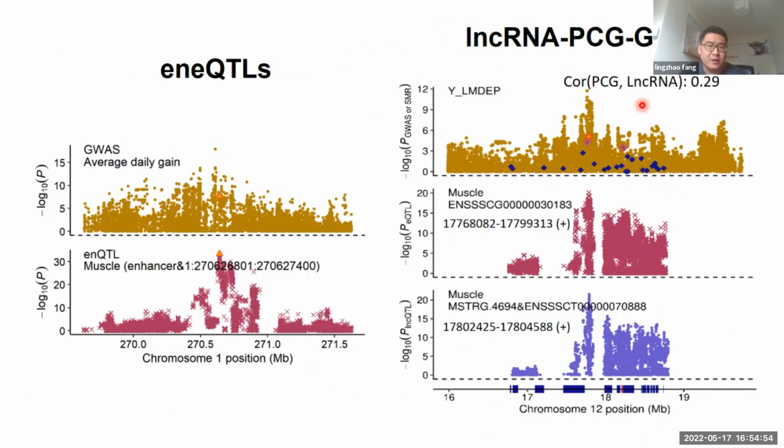I did find hundreds of these examples. So in general, you can see these results are very good. It's a product of very good resources to understand GWAS loci, or maybe to understand the genetics of complex traits in pigs.